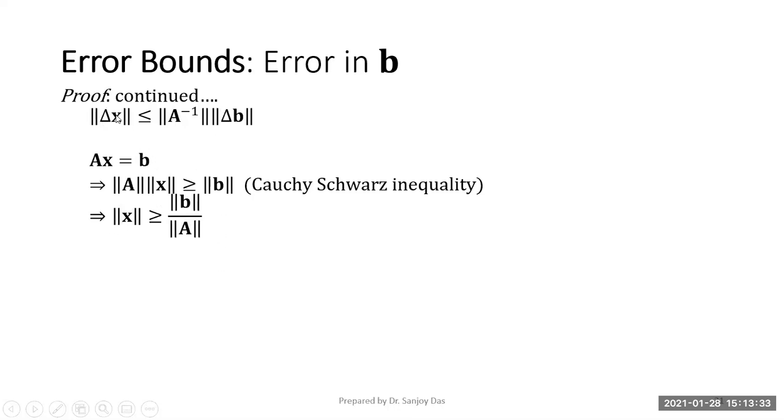So the left side will be the norm of delta x over the norm of x, less than or equal to the norm of A inverse times the norm of delta b, times, because this appears in the denominator, the reciprocal of norm b over norm A, so it's norm A divided by norm b. Do you see how I got this expression from this and this?